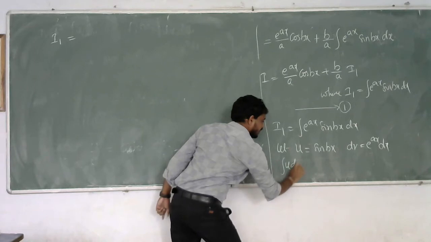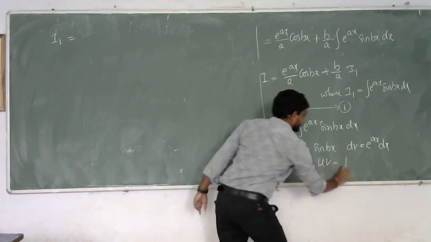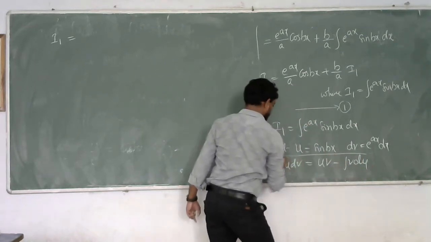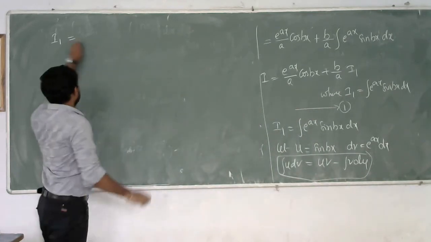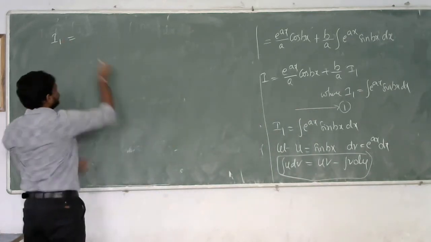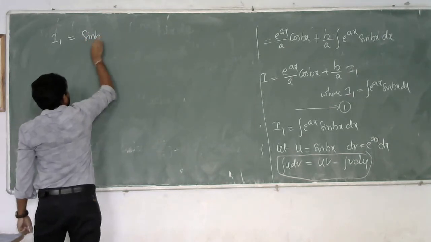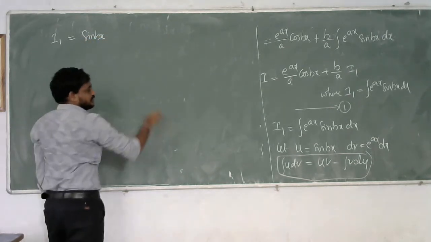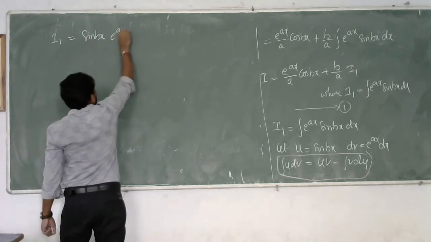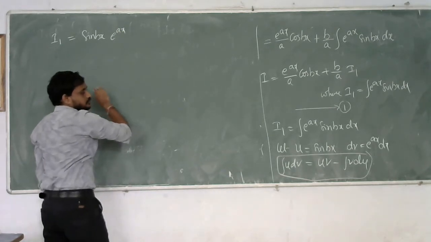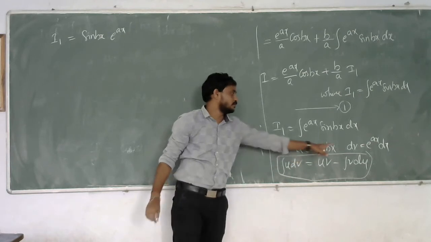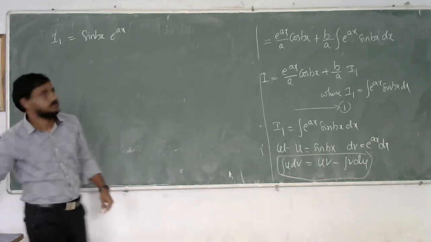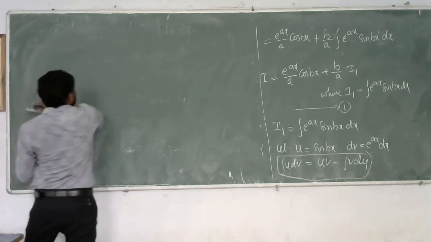Write the formula here. uv minus integral v du. That is the formula. Okay. Substitute here. First u into v. What is u? sin bx into v. What is v? e power of ax. Sorry, we have to find these two values. u we know and dv we know. So we have to find the du value first.